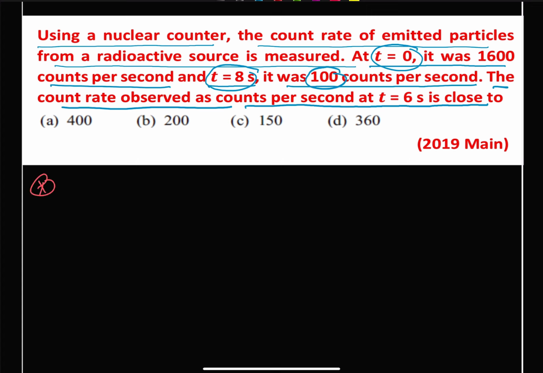So we are given at t equal to 0, our n0 is 1600, and at t equal to 8 seconds, the value of n is 100.